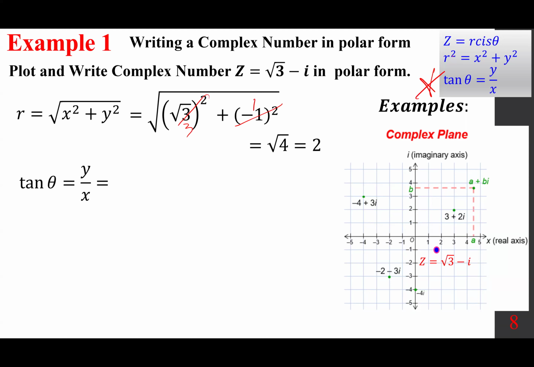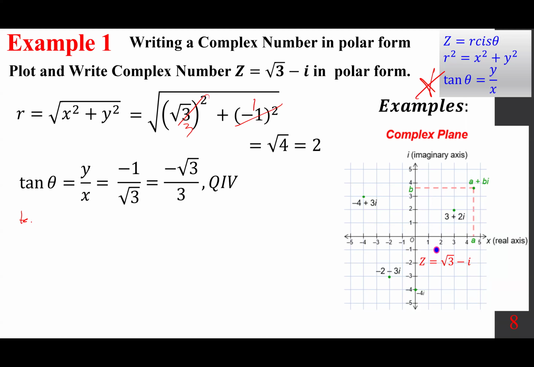And tan of theta is y over x. I hope you recognize y as negative 1, x as square root of 3, or minus square root of 3 over 3, and it's in quadrant 4. You remember that in quadrant 4, tangent is negative. So let's go with the reference arc.